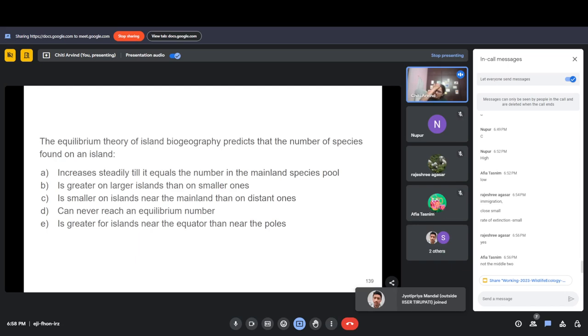What is the correct answer for this? I'm not sure if anyone is using the chat box because I see no answers. Come on, we just covered this. The number of species found on an island is... what is the right answer?